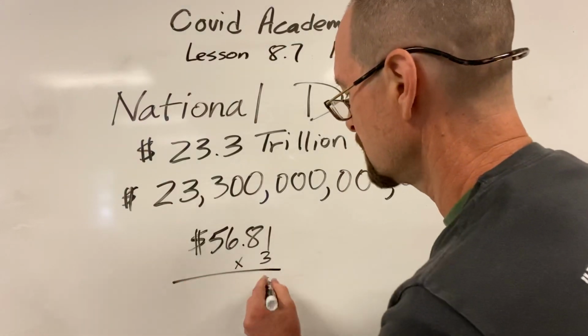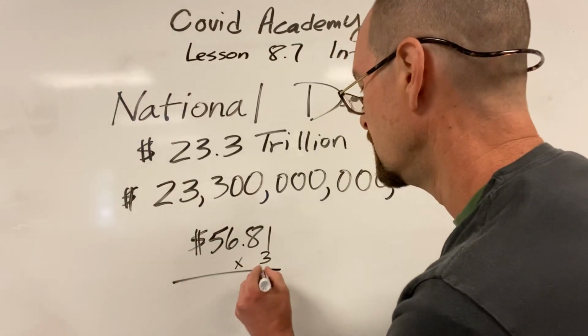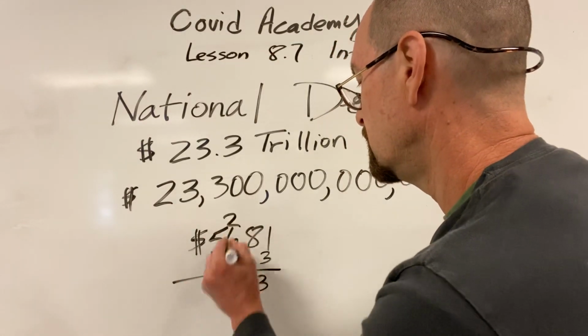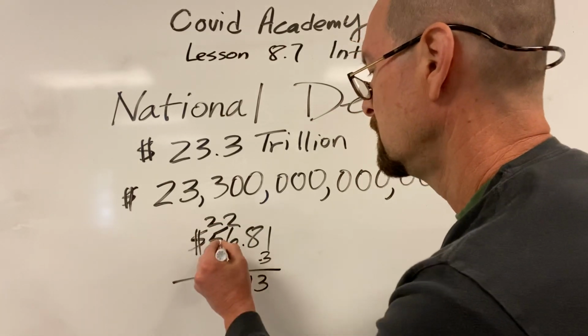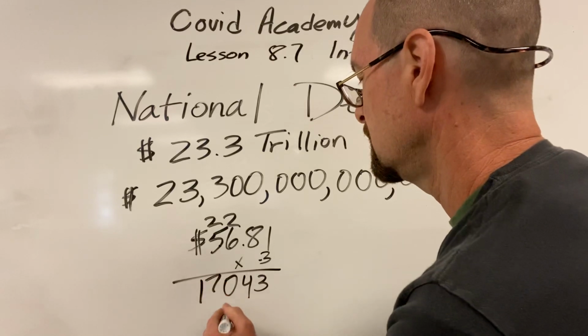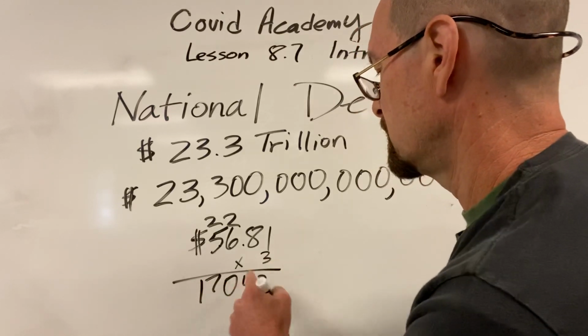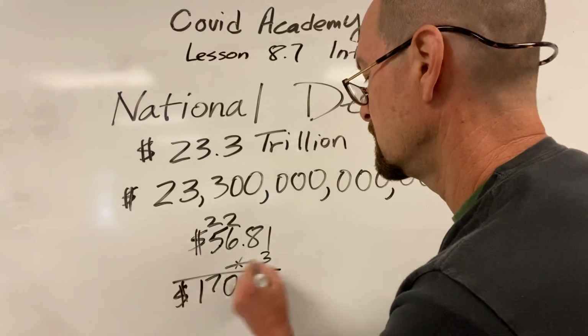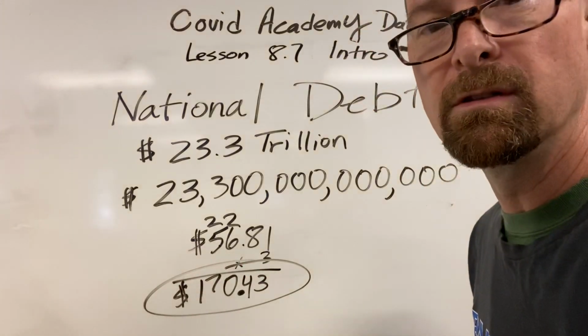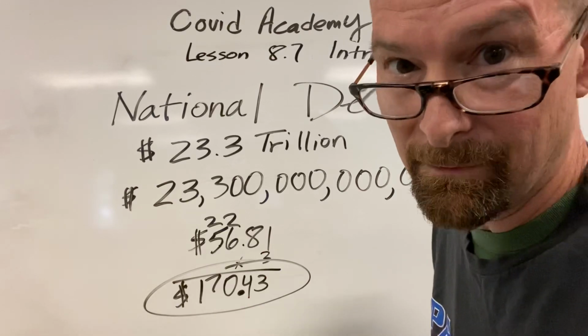So we're going to choose our hourly wage to be 3 times 81 is 243, carry the 2. 3 times 18 and 2 is 56, carry the 5. 3 times 5 is 15, 2 more, 17. And you need a calculator for this lesson.